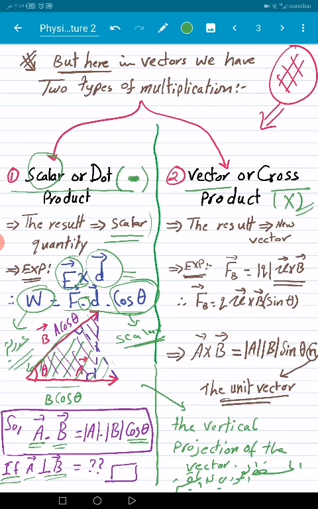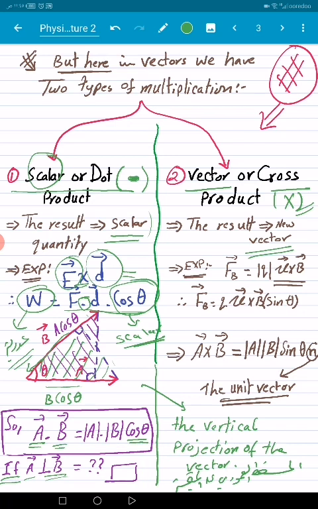If I have two vectors A and B with a cross product, the result of this multiplication is a new vector, but I must respect the angle, the direction of the new vector.